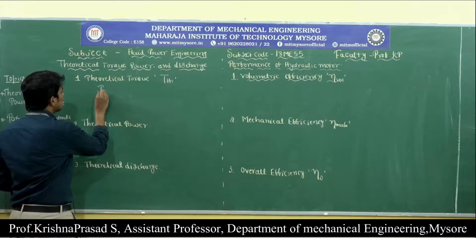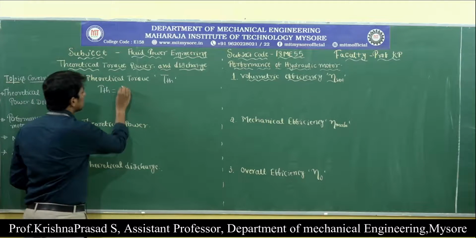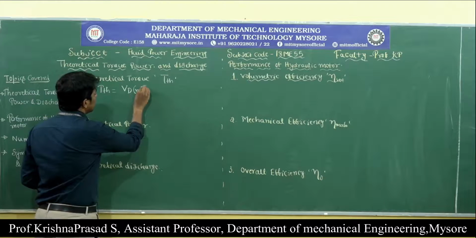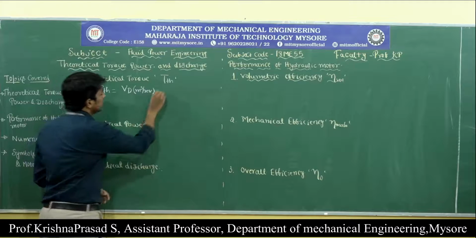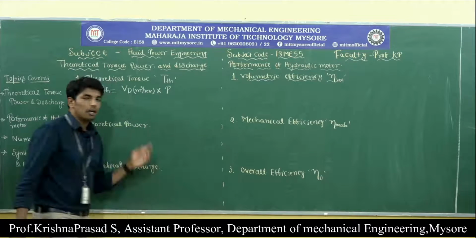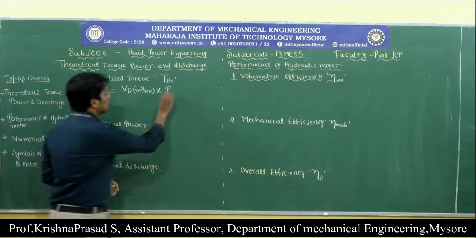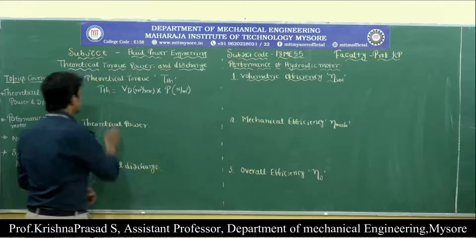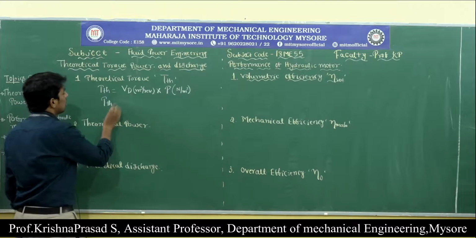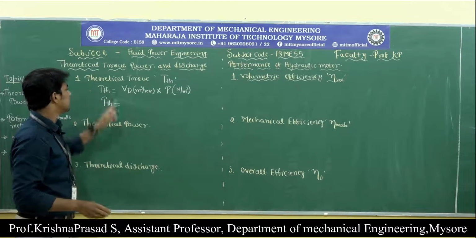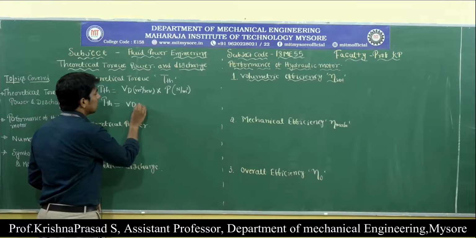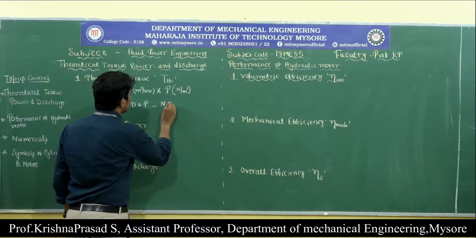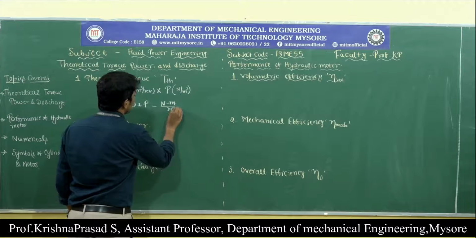Theoretical torque is given by the formula: volumetric displacement or theoretical discharge in terms of meter cube per revolution, into pressure of the oil acting on the motor, in terms of Newton per meter square. So theoretical torque is equal to Vd into P, in terms of Newton meter per revolution.